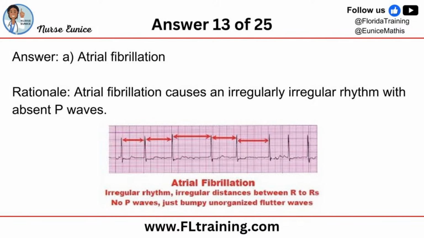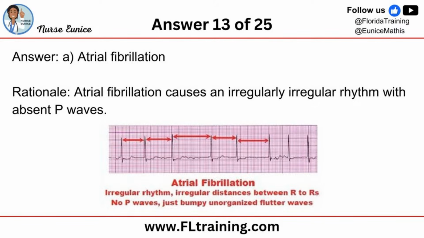You just see a whole bunch of quivers, fibrillation, and then you see a QRS complex. If you used your calipers and marched them out, you would see that the distance from one QRS complex to the next varies, so it is irregular. So this is a classic strip for atrial fibrillation, and again, the answer is A.